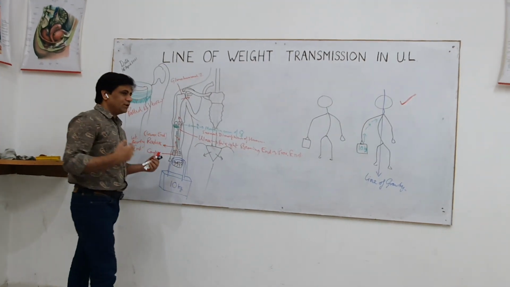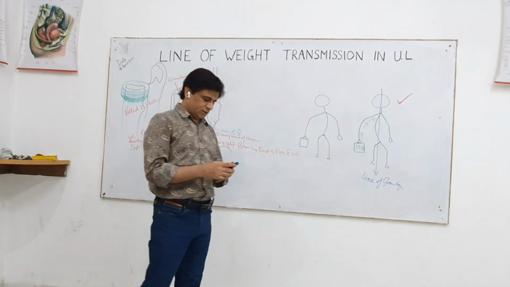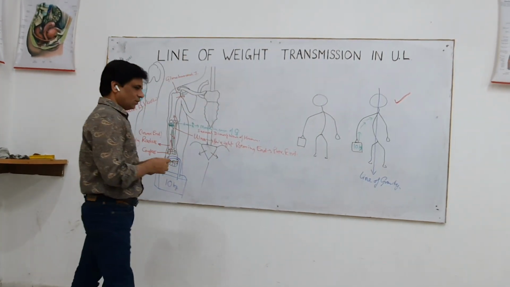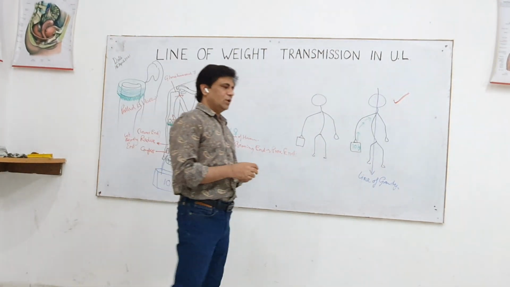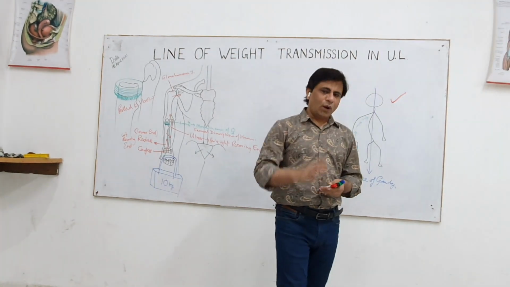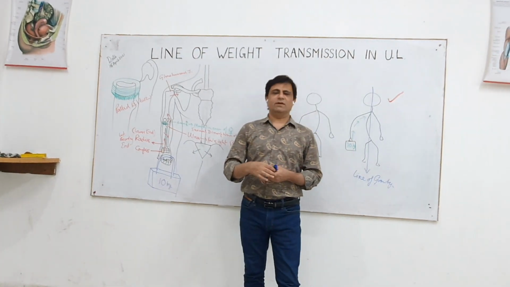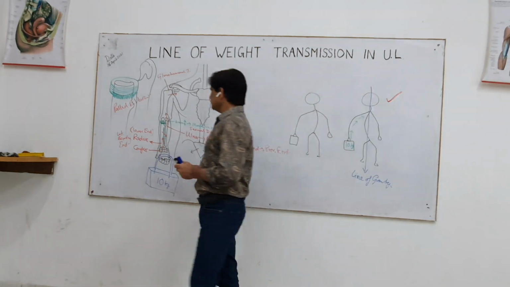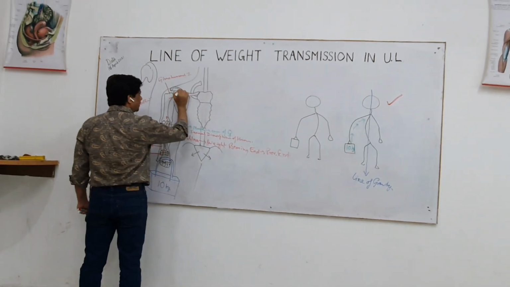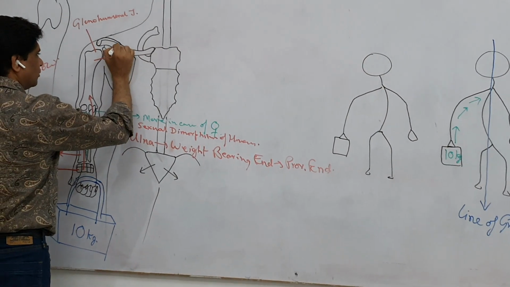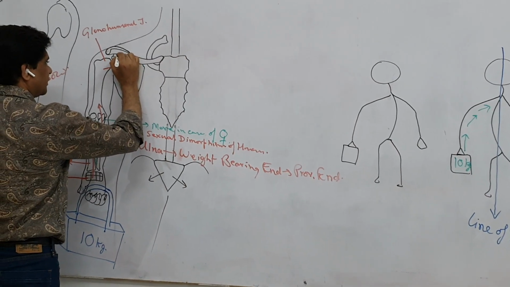Now how will the weight be shared to the clavicle? Remember, there are many ligaments attached to the clavicle, but the strongest ligament attached to the clavicle has a conoid and a trapezoid portion.